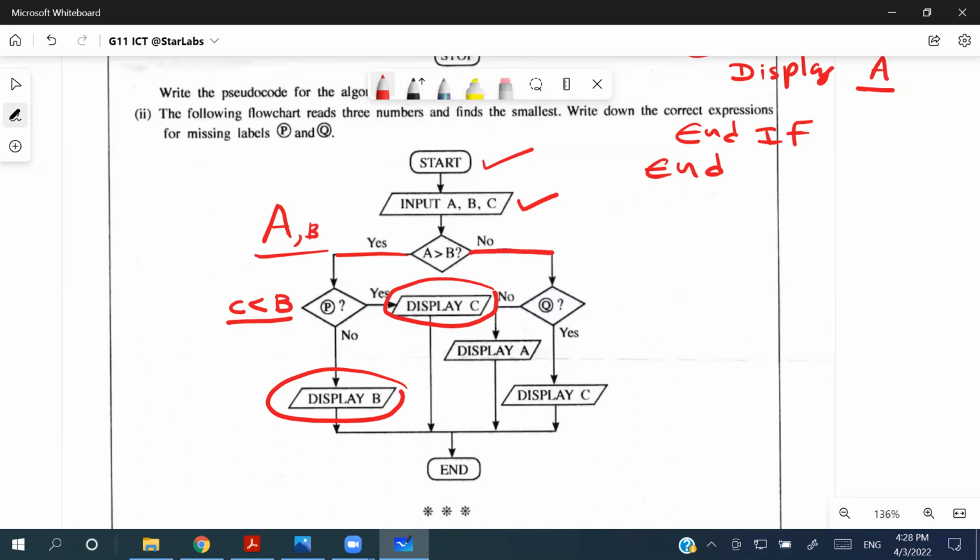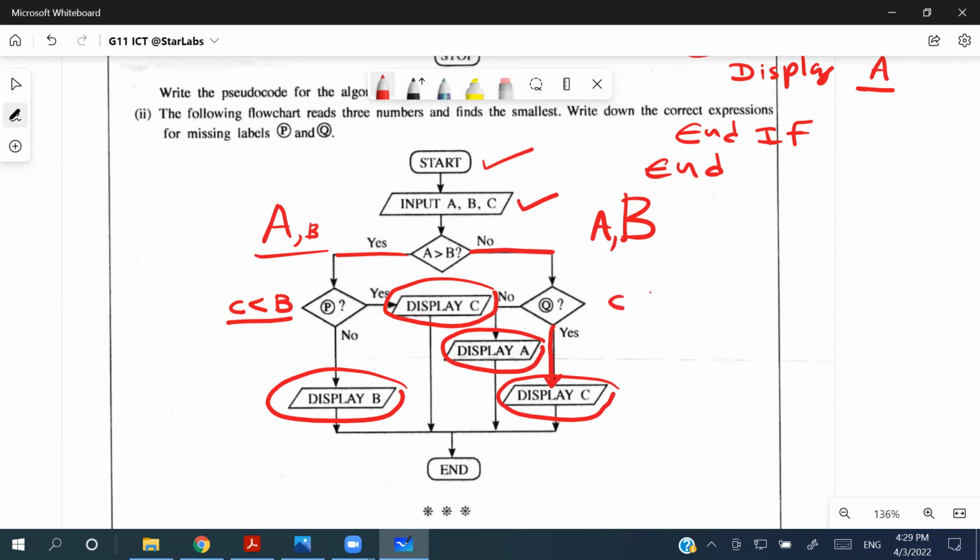Now, if you're going on the no path, it means A is smaller, B is bigger. So here it says display A and display C. So on the yes path, if it is displaying C, that means C should be the smallest.